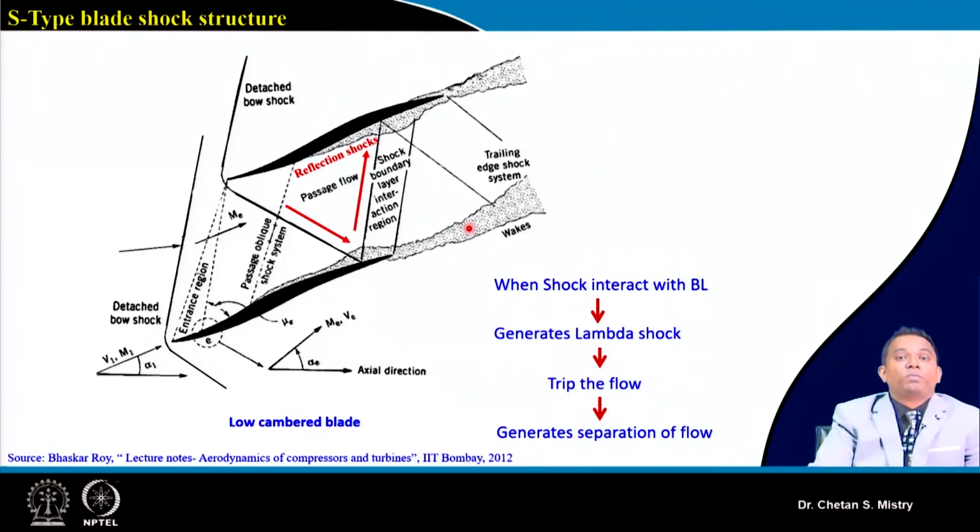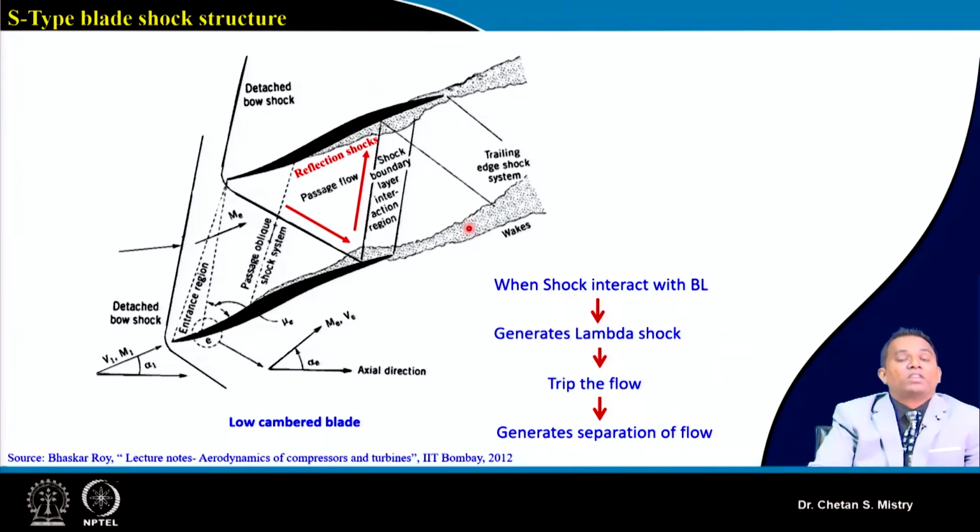So we need to be very careful in understanding the flow behavior. When we are developing an aerofoil, we need to take all these parameters into consideration, and we need to be very careful what condition we are designing for.